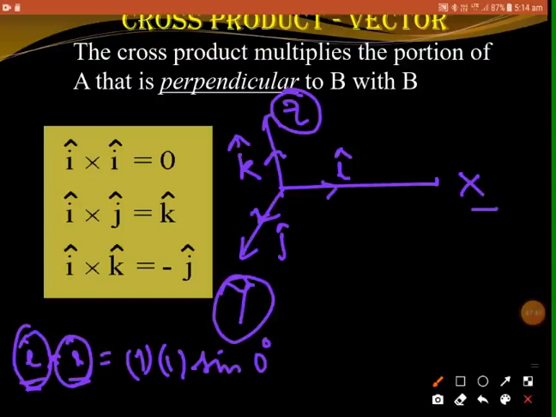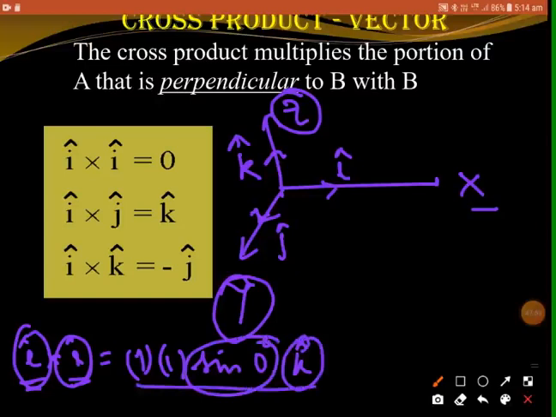Sine of 0 will be 0. So the result may be k cap or j cap, but it doesn't come, because the sine of 0 degrees is 0. So the whole thing will be equal to 0. So i cap cross i cap will be equal to 0.